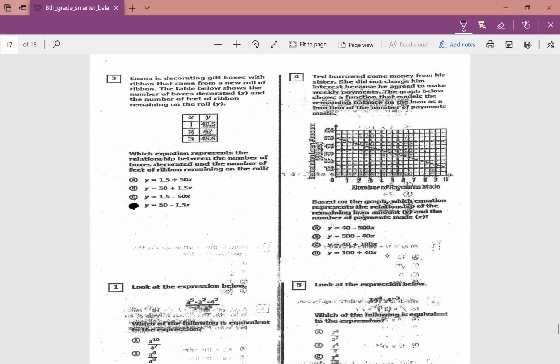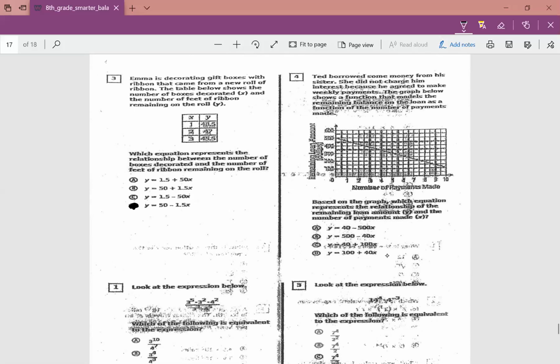Then you use that to figure out the number of feet remaining on the roll, which is equal to the initial number of feet plus the change in number of feet, negative 1.5 times the number of boxes. And I told you at the beginning that there were 50. So y equals 50 minus 1.5x.